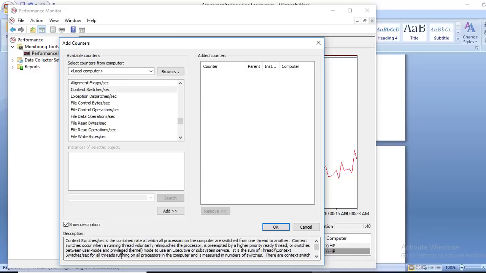Context switches occur when a running thread voluntarily relinquishes the processor, is preempted by a higher priority ready thread, or switches between user mode and privilege mode to use executive or subsystem services.